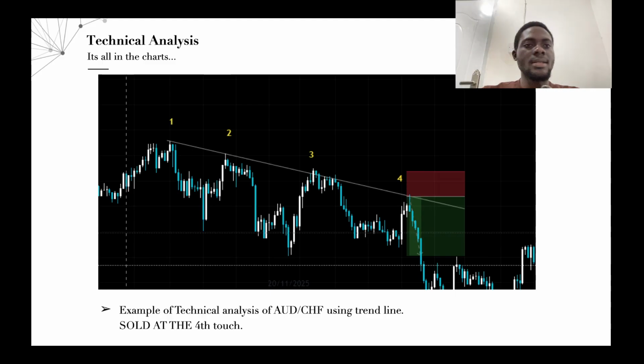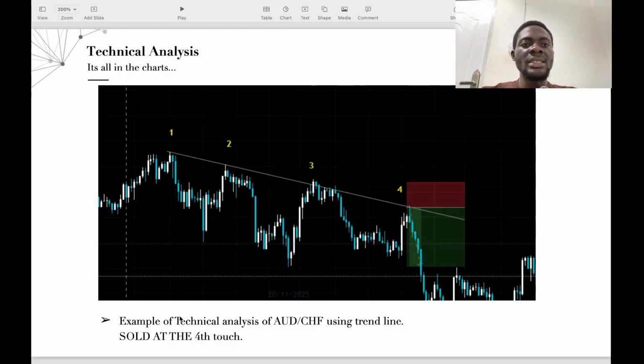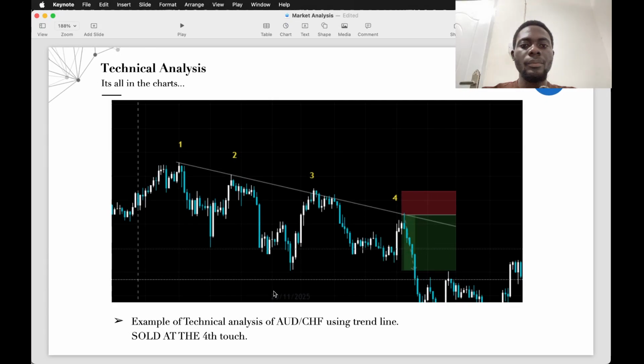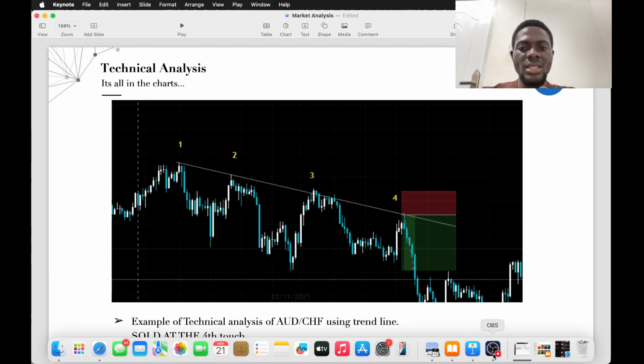So technical analysis, it's all in the charts. I mentioned earlier, they believe everything that has happened or will happen has already happened, and it's all in the charts. So they don't have to go chase fundamentals.